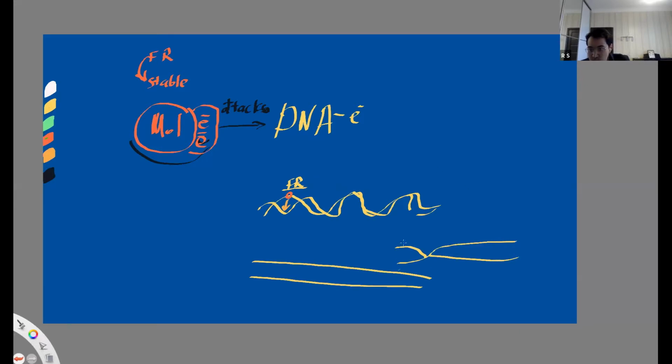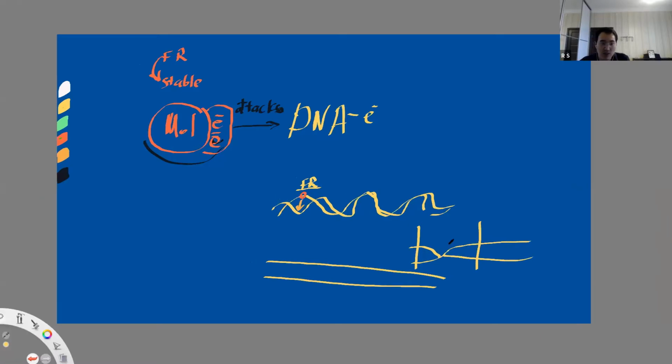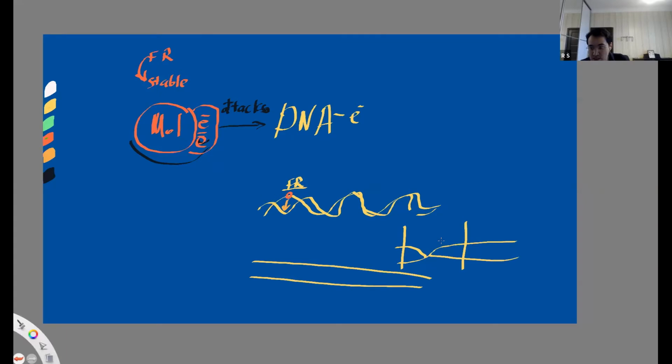And if we have a gene here, we have a huge problem, because, for example, RNA polymerase will not be able to get through. So it will get stuck somewhere here, and the transcription and translation of this gene will stop. So this becomes the place for DNA damage.